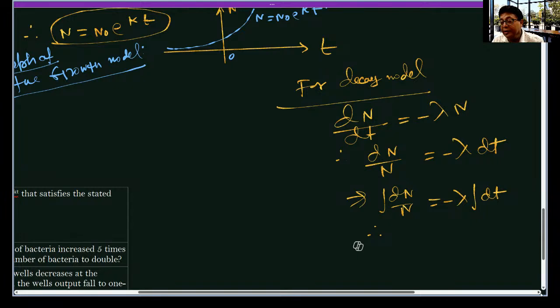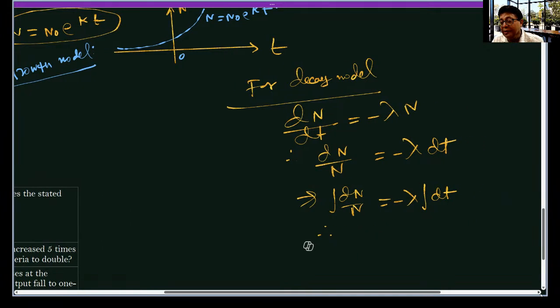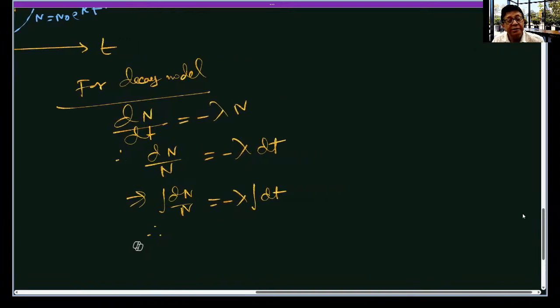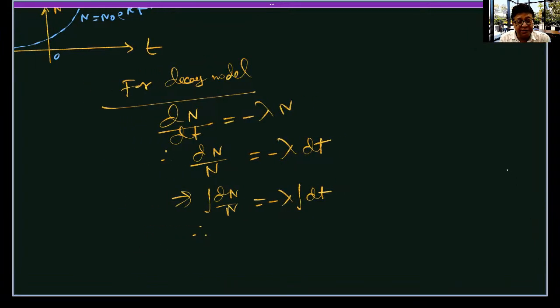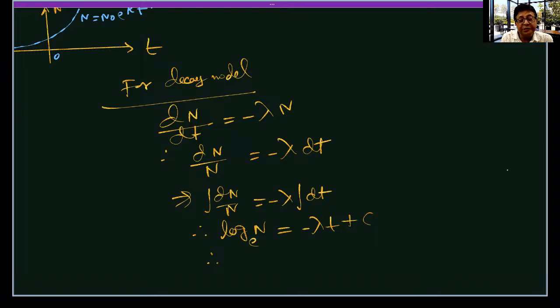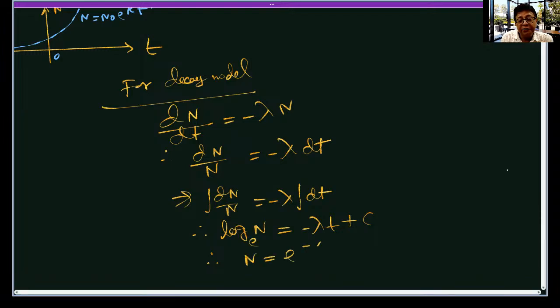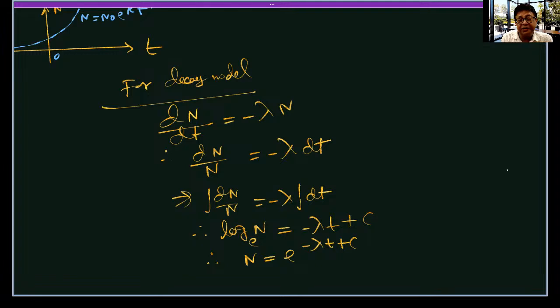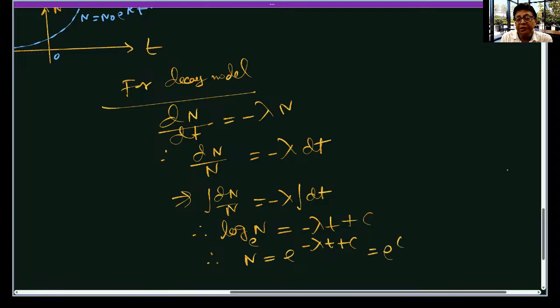So what will happen there? Integral of dn by n, same value over there, this comes under logarithmic integration. Log n equal to minus lambda into t plus c. No base is there, exponential base, n equals e to the power minus lambda t plus c. So e to the power c, e to the power minus lambda t.